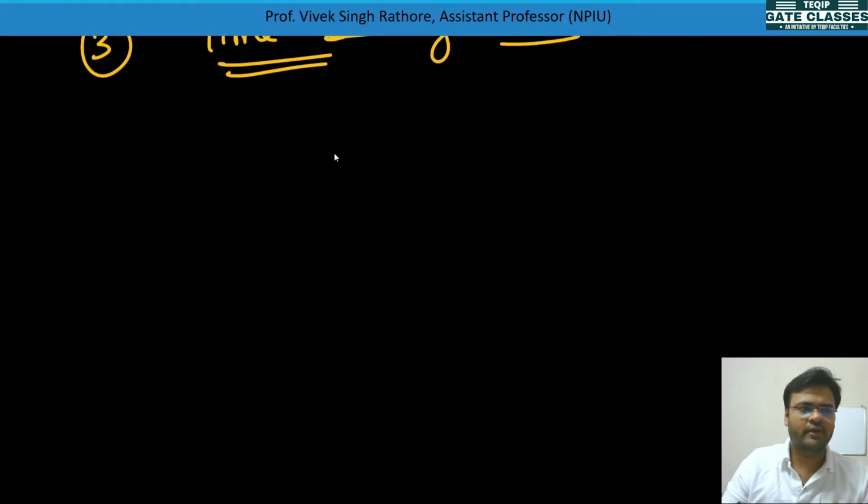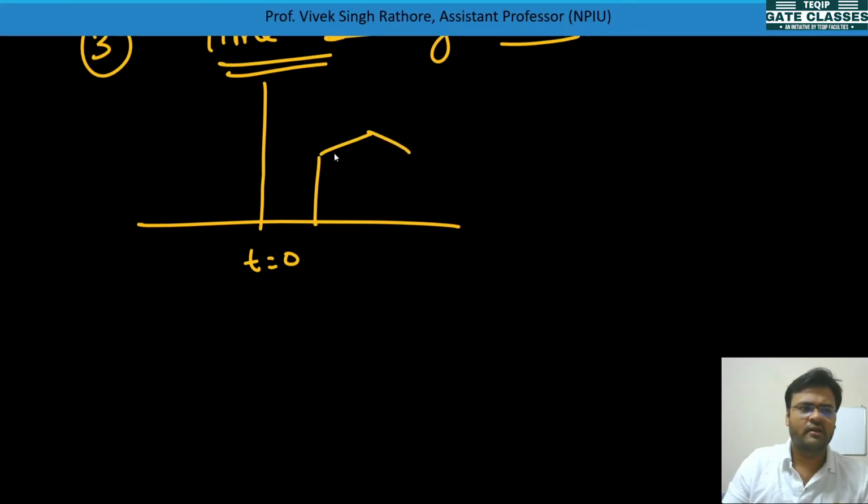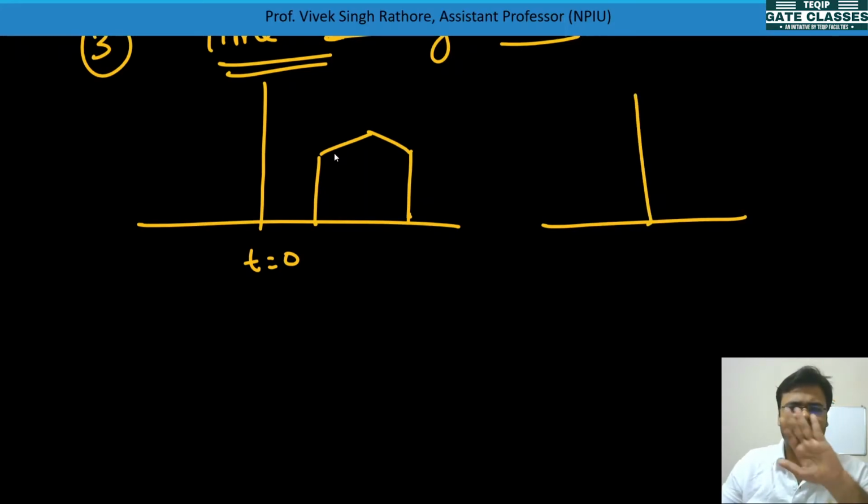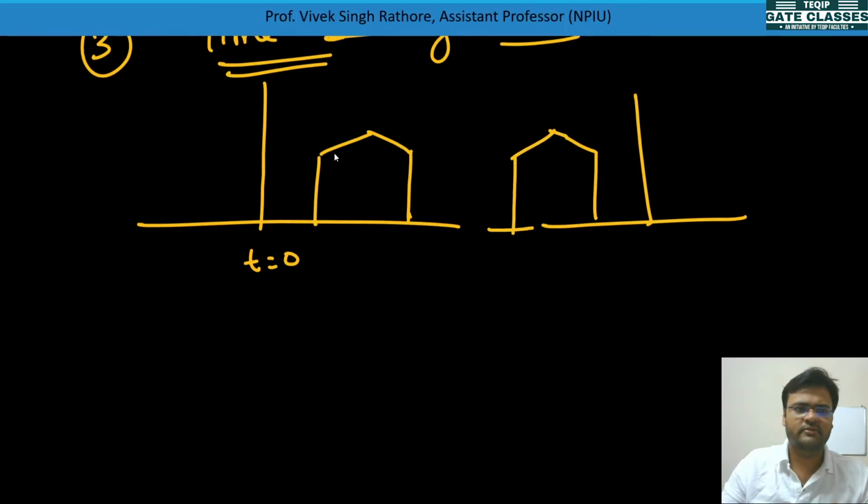So this was the value t is equal to 0 and some signal was there, maybe this signal was there, okay. If you do time reversal, you just need to calculate the mirror image. So whatever was there, we need to reverse it like this.